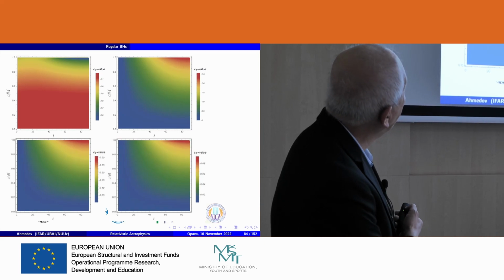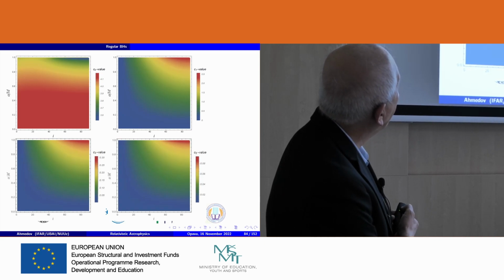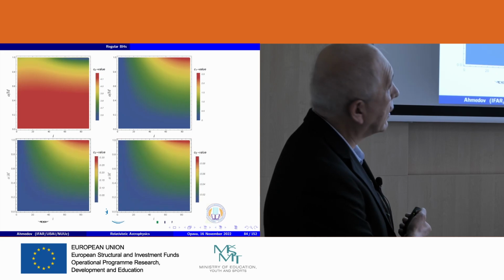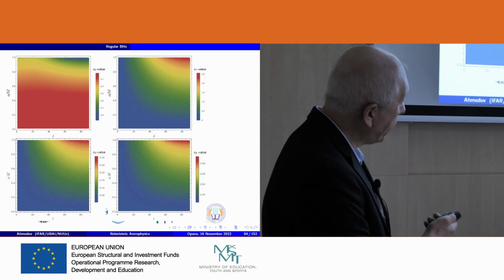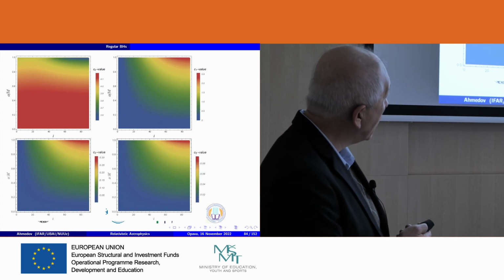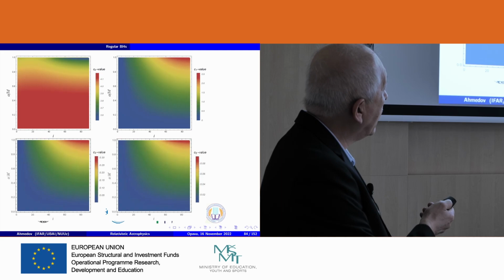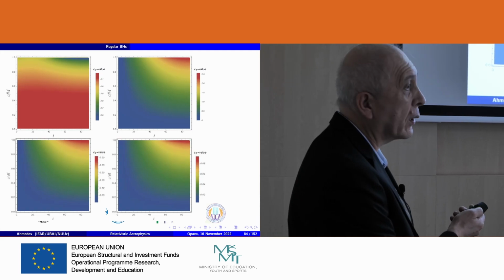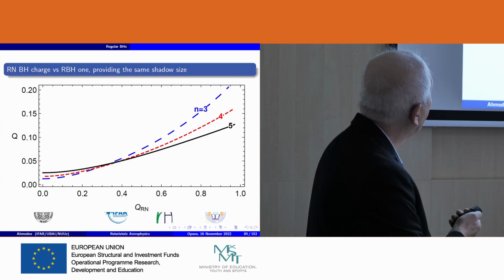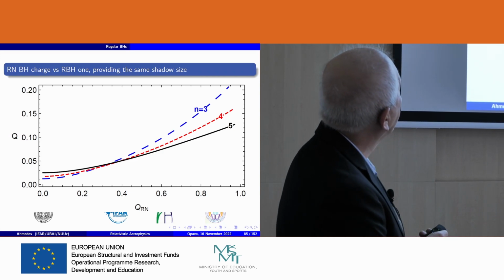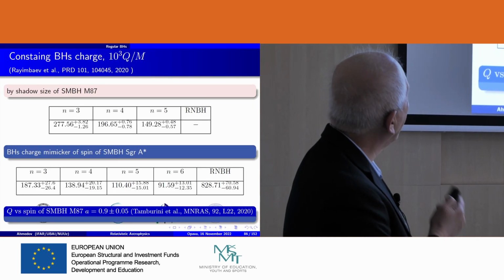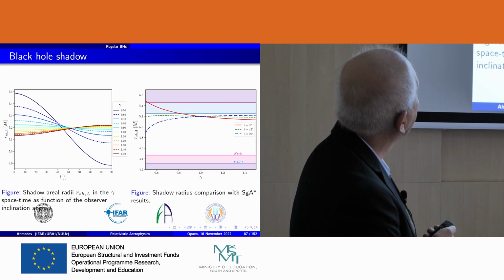For example, for measurement of the mass, the inclination angle is not very important, but when we have a spinning black hole, inclination plays a very important role. Okay, I will not discuss these constraints.